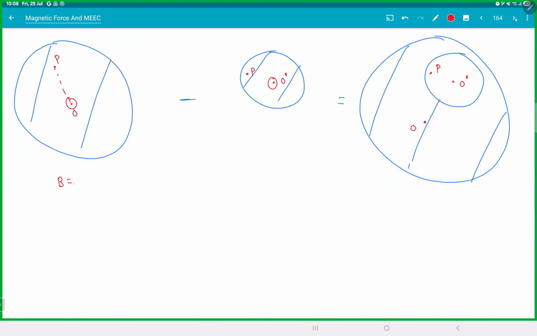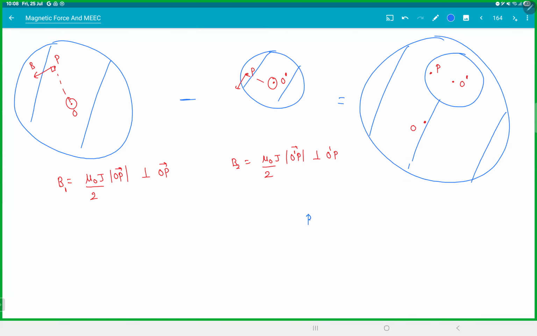We know the field inside a solid cylinder is mu naught J by 2 times OP bar in magnitude, and the vector is perpendicular to OP bar. So the field depends on the distance OP bar, but it is perpendicular to the r bar vector. This is B1. Similarly, if you take B2, this is also mu naught J by 2 times O dash P bar, perpendicular to O dash P bar.